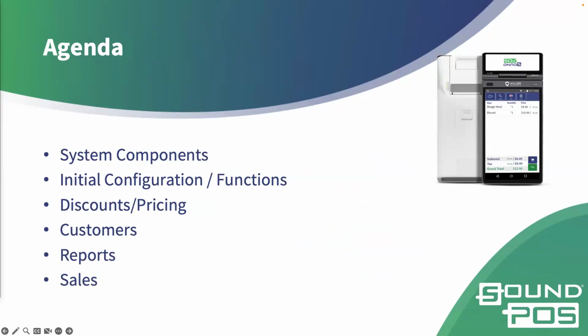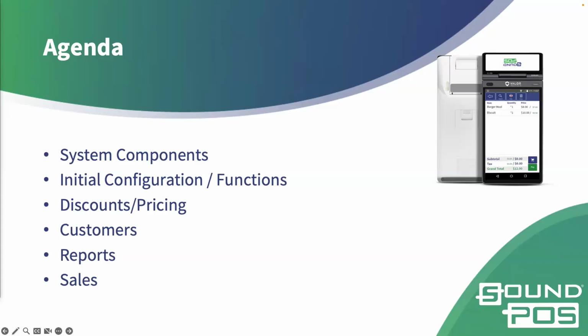And now the agenda. We're going to look into the system components, both the hardware side and the software side. We'll look at some of the initial configurations and then take a look at some of the functions. We'll look at how you can manage discounting and pricing.